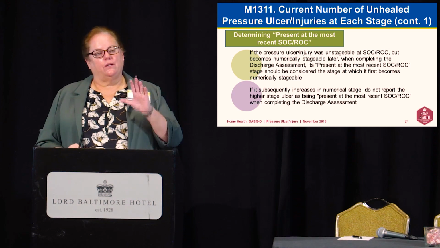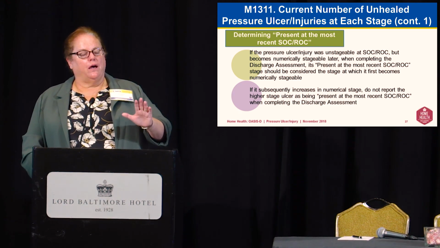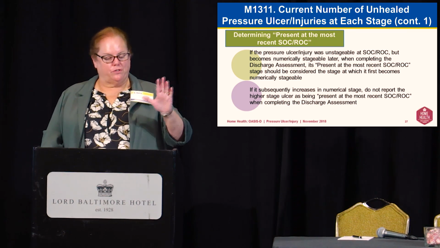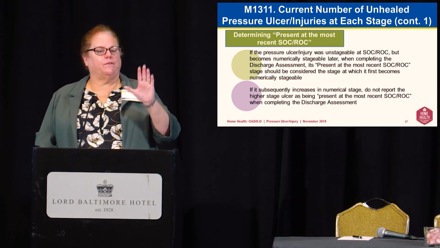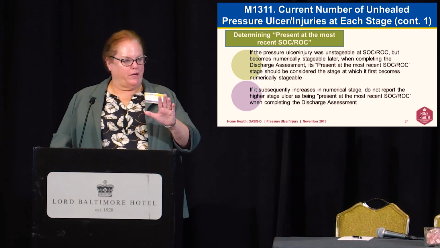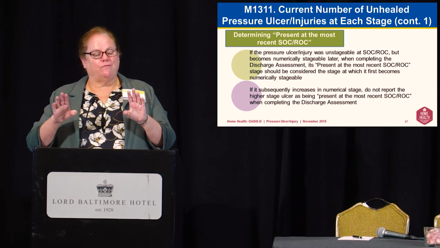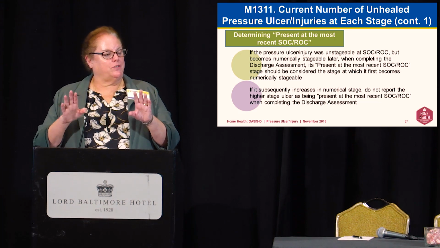Okay. Same scenario. Patient comes in, covered with slough and eschar. We can't stage it. It's unstageable due to slough and eschar. 2 weeks in, it gets cleared away. The slough and the eschar, we now know it's a stage 3. So that's 2 weeks in. Let's say by 4 weeks in to your caring for that patient, it's now progressed to a stage 4.